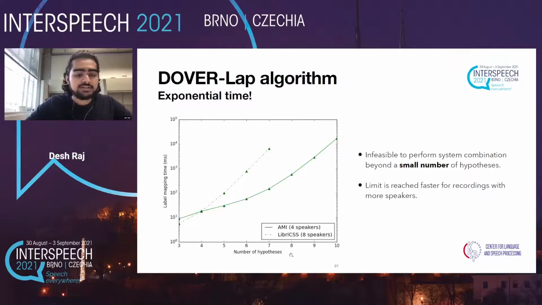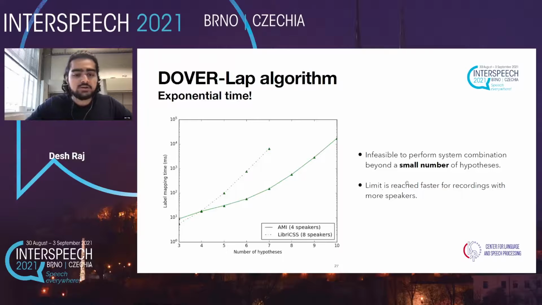We can also empirically see the implications of this exponential time method. It means that as the number of hypotheses that we want to combine increases, the label mapping time increases exponentially. So this is a log-linear plot, and the curve is linear.